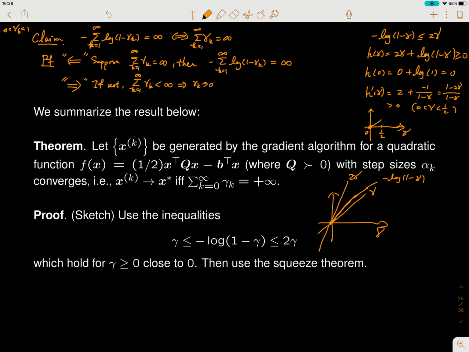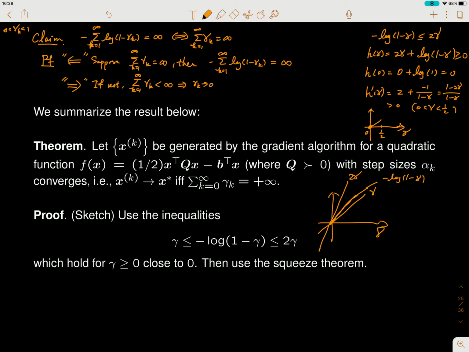So if this is greater than or equal to 0, and this quantity h(gamma) is just the right hand side minus the left hand side, we can move this to the right hand side and it will prove this line here.